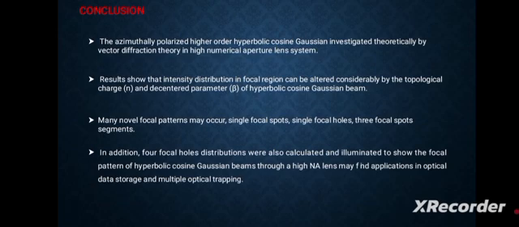Many novel focal patterns may occur: single focal spots, single focal holes, three focal spots. In addition, four focal holes distributions were also calculated and illustrated. The focal pattern of hyperbolic cosine Gaussian beams through a high numerical aperture lens may find applications in optical data storage and multiple optical trapping.